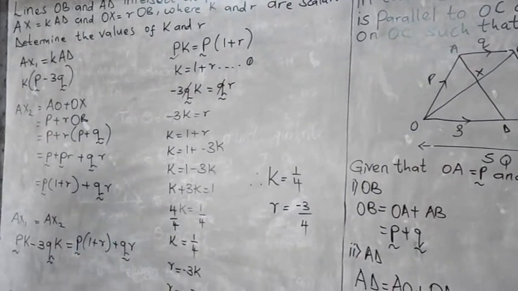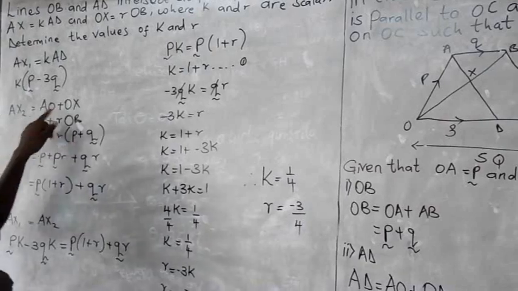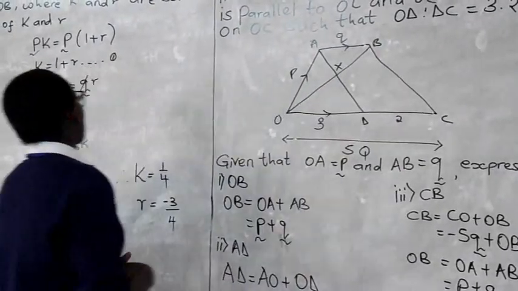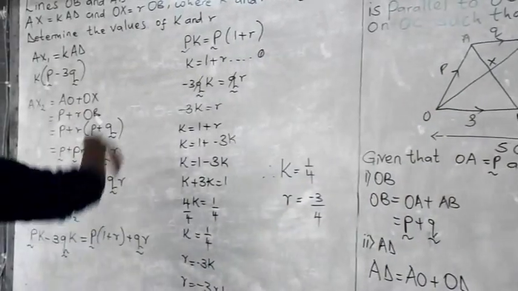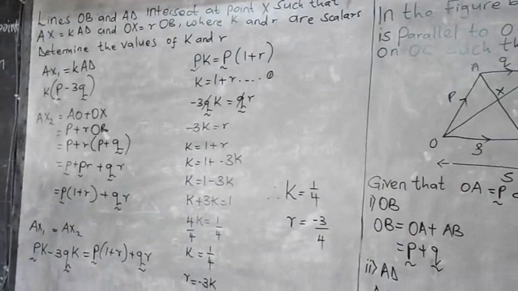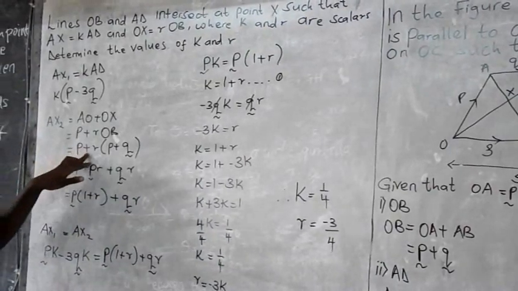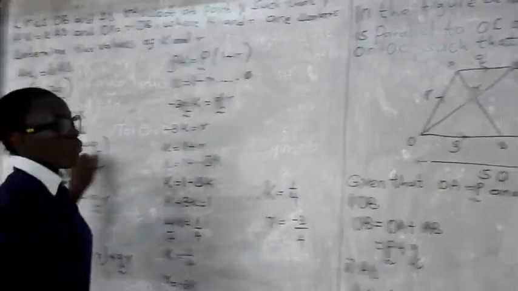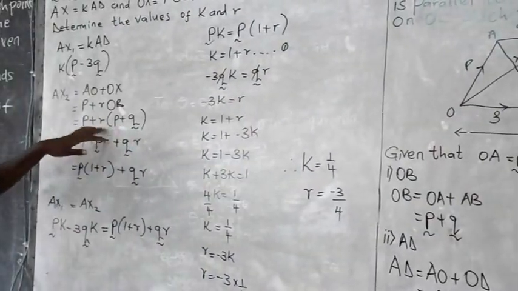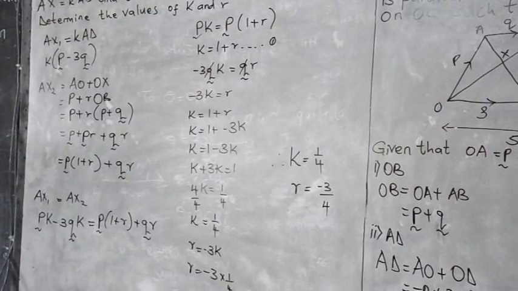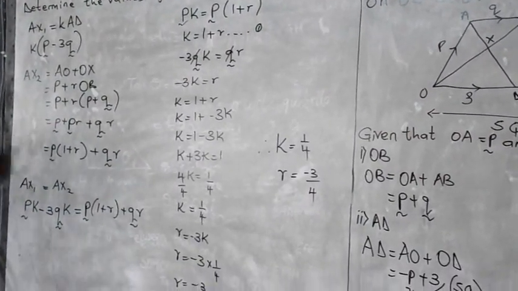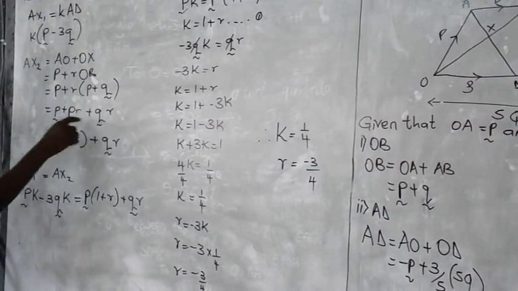We go to AX2, which is equal to AO plus OX. AO plus OX, that's AX2, and in the question we have OX as R OB. So P plus R times OB, which we have as P plus Q. You're going to multiply by R, which is the unknown. So your answer is going to be P plus PR when you multiply the two plus QR.